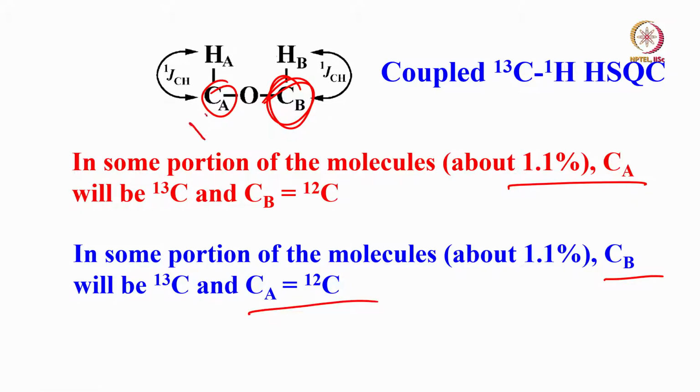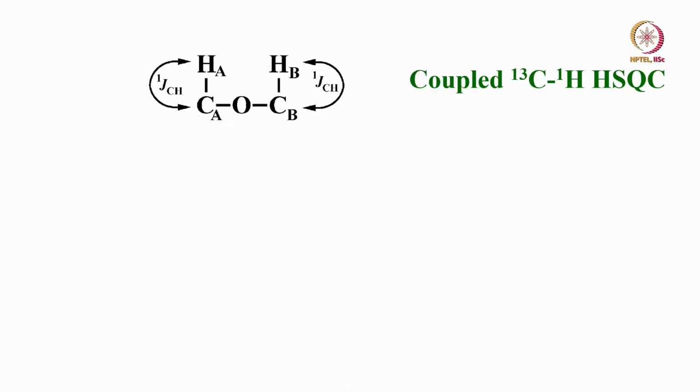So this is 1%, this is 1%. When I explained carbon 13 you remember I said these are 2 different isotopomers, and you get the superposition of spectra from the 2 isotopomers in carbon 13 NMR. Let us assume this.